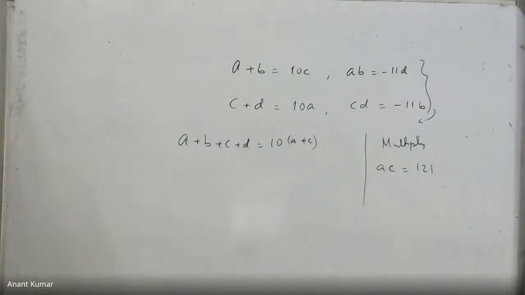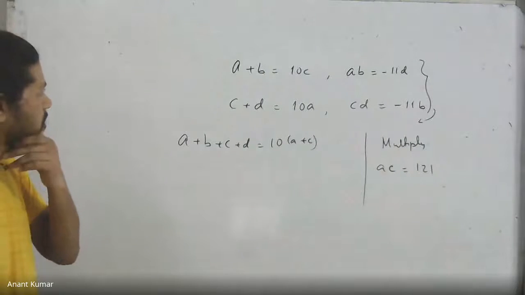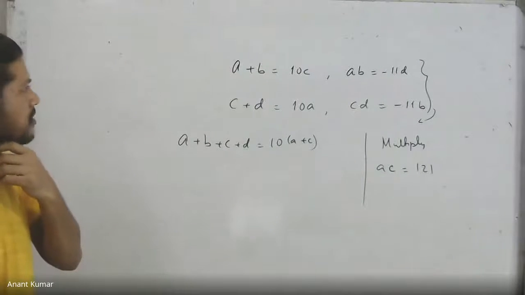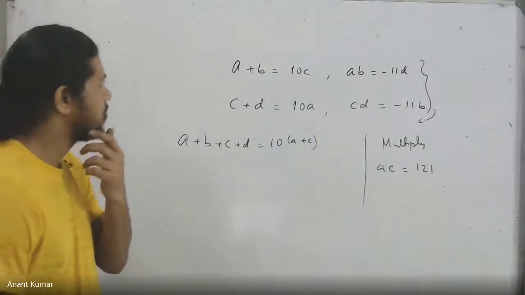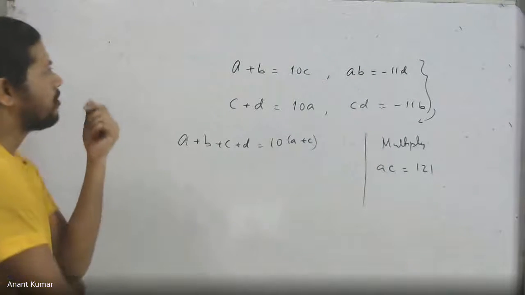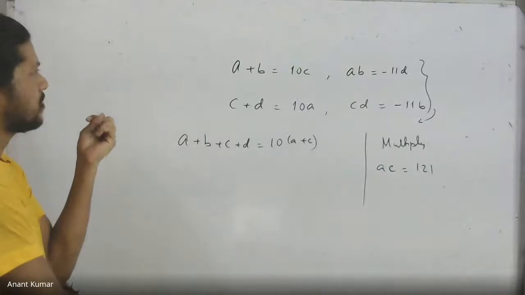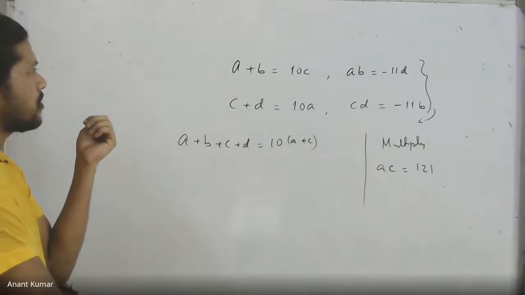If I add them up, we end up getting AB plus CD equal to minus 11 into B plus D. And I could replace it over there. So A plus C into B plus D becomes AB plus CD by 11. Okay, or I might do something else. Multiplying the first equation by C, what do I get?